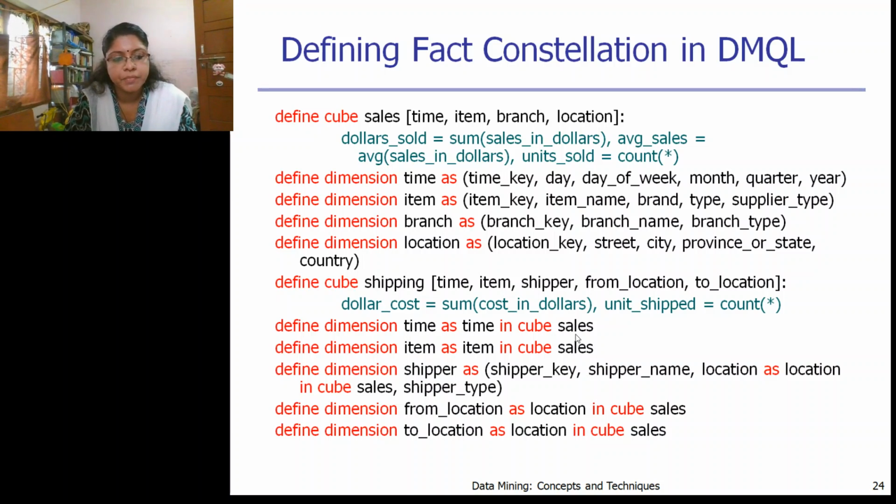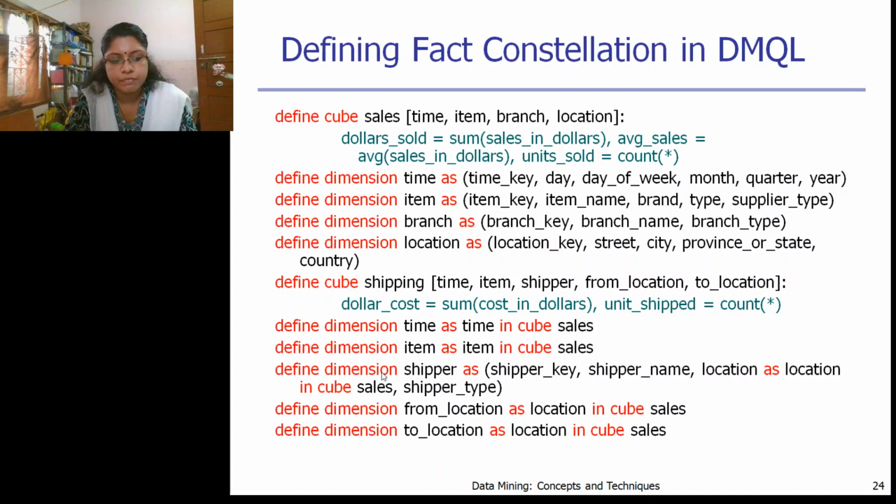It means that the dimension represented in the data cube sales is the same as the dimension we have represented in the data cube shipping. That means you can take that particular dimension from sales and use it for shipping. That dimension is the same, and you can access that particular table.